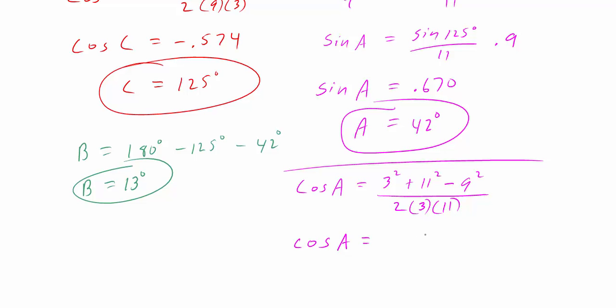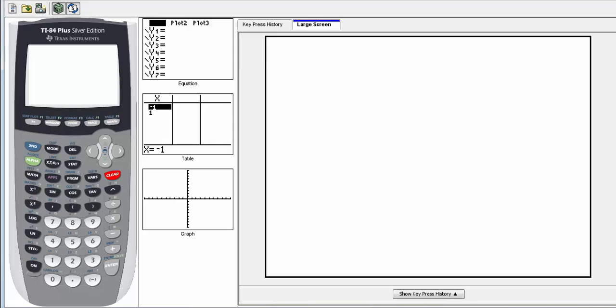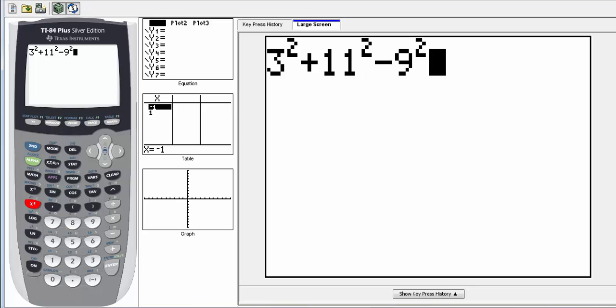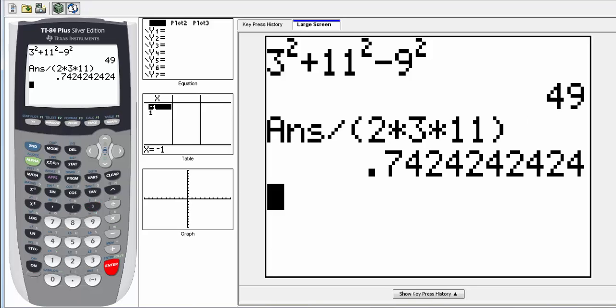And if we enter all this into the calculator, we take 3 squared plus 11 squared minus 9 squared. I forgot the parentheses here, so I'm just going to hit enter. So the top is 49, and then divided by parentheses 2 times 3 times 11, and we get approximately 0.742.